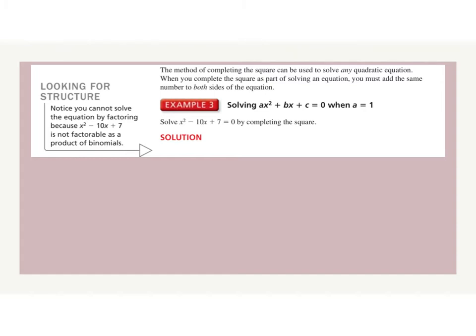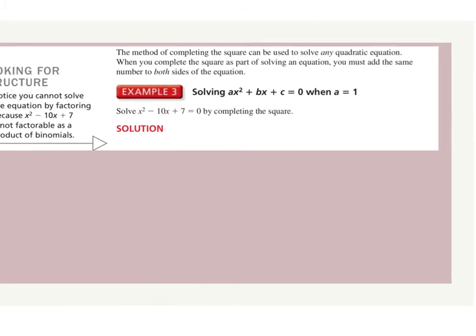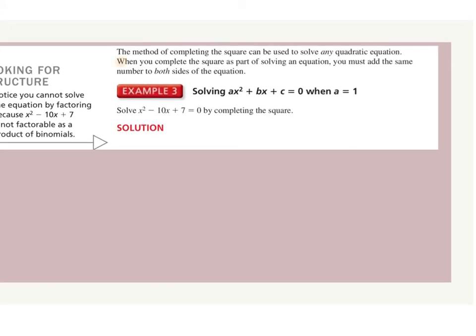So if we add a number on the right side of our equation, we have to make sure we add it to the left side to keep our equation balanced. So here, when you complete the square to solve an equation, you must add the same number to both sides of the equation.